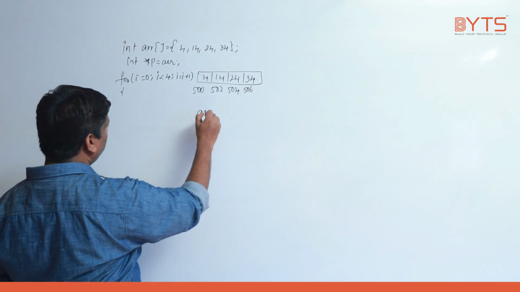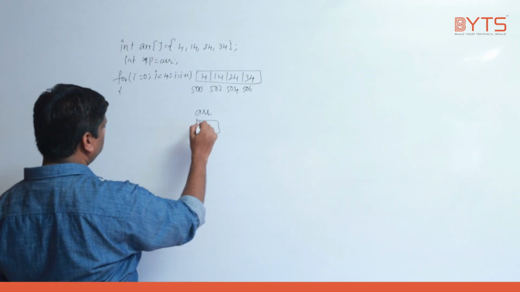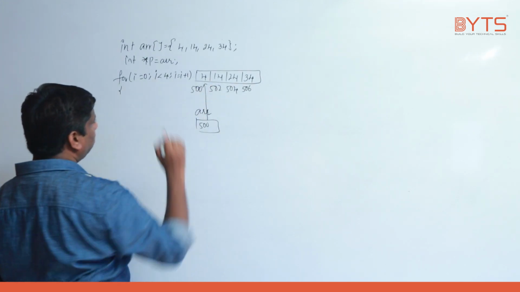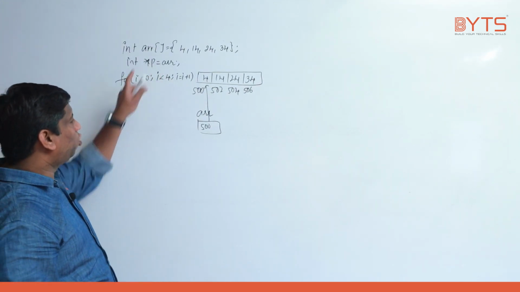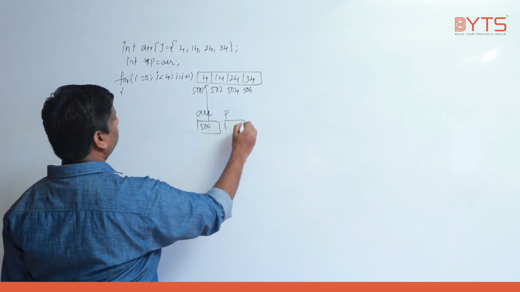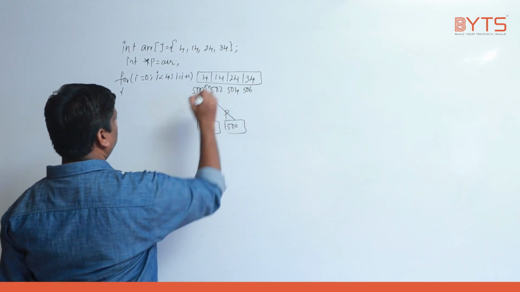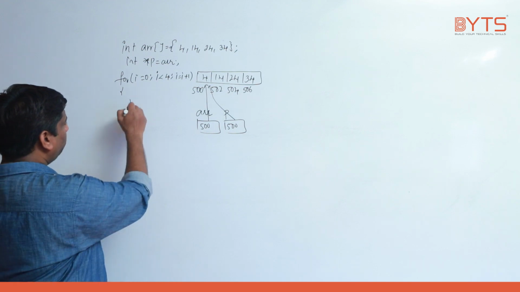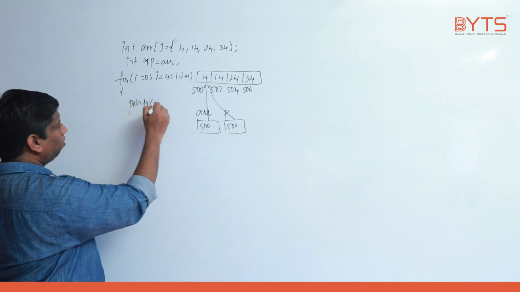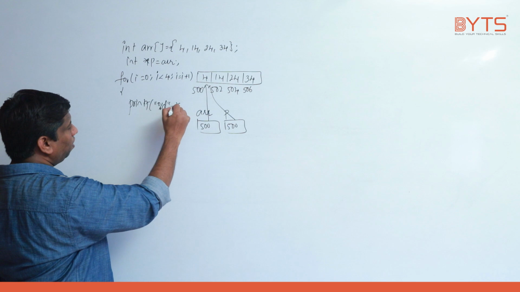So what is the value of arr? 500. Right? arr is the array name. That arr value is copied to p. Now what is the value of p? 500. Right. Now what I am trying to do, printf percent d, *p.